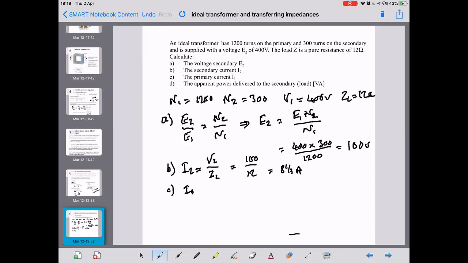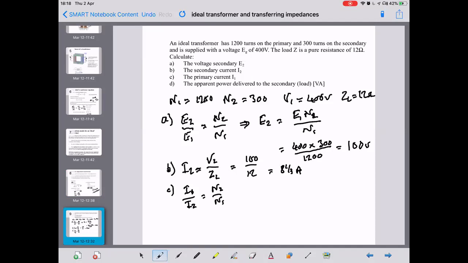You must be able to use I1 over I2 now, because you know one of the currents. So I1 over I2 equals N2 over N1. And that's really the right one to choose, because you were given both of those values in the question as opposed to using a calculated voltage.